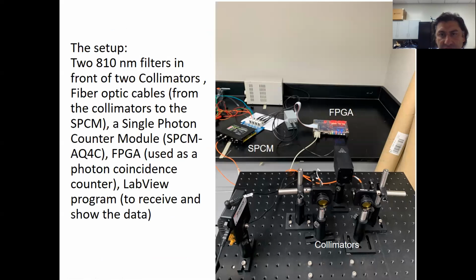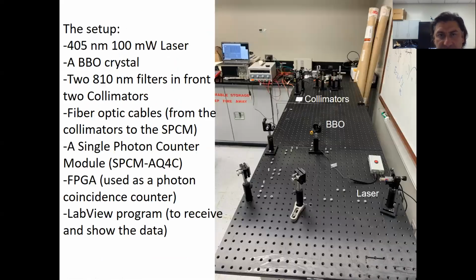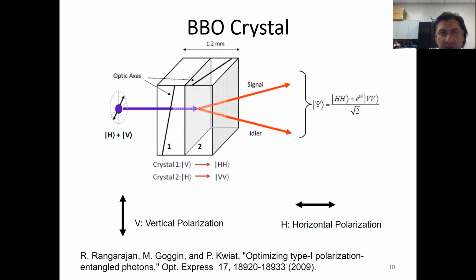Okay, so when the BBO generates the entangled photons, the source of photon is 405 nanometer.